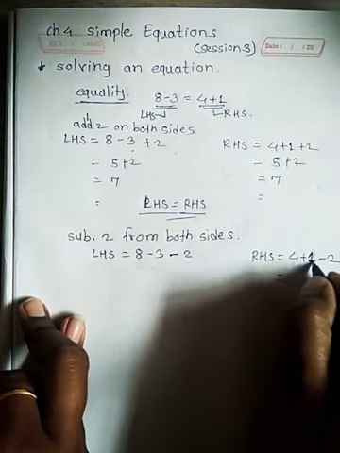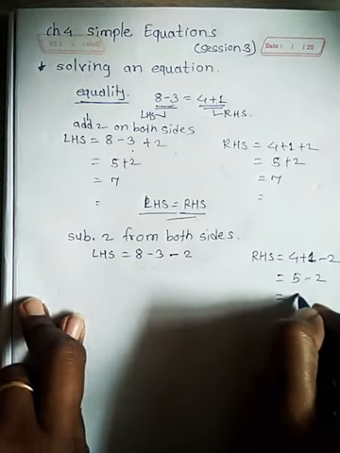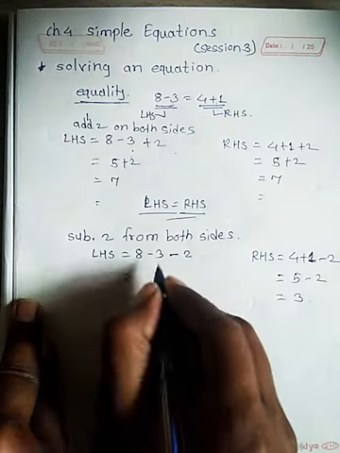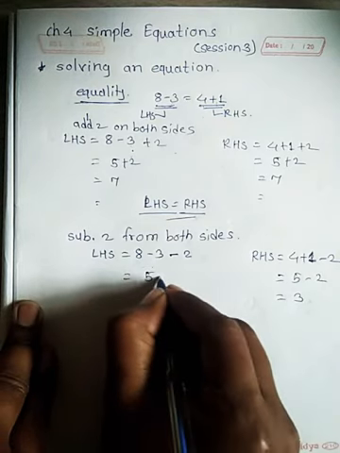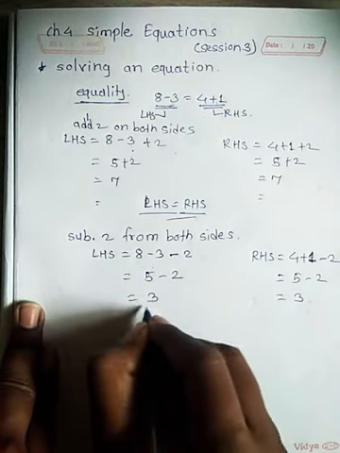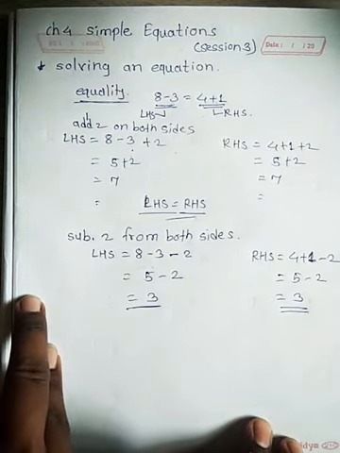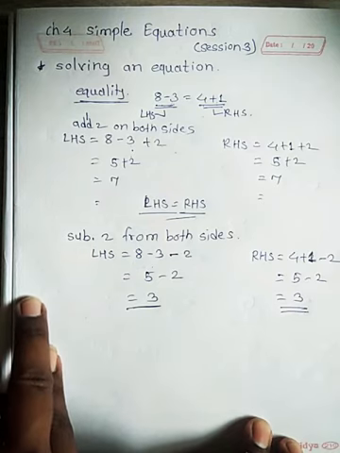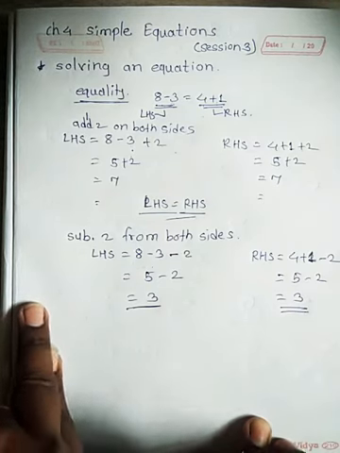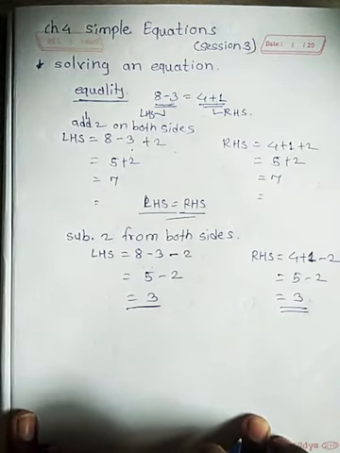Then 4 plus 1 is 5, 5 minus 2 is equal to 3, and here 8 minus 3 is 5, 5 minus 2 is equal to 3. See, LHS is equal to RHS. Equality doesn't change.